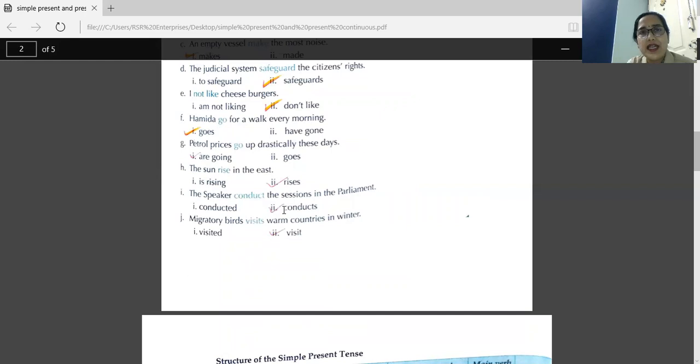Correct is conducts. Next one, migratory birds visits warm countries in winter. Now migratory birds, this is subject, and birds is plural. So visits is wrong. Correct is visit. And it's the action which is done at regular intervals.